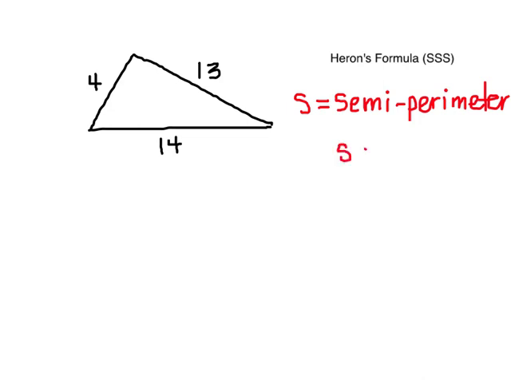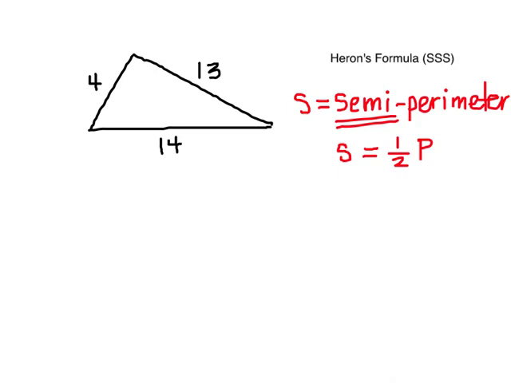And you find little s by, semi means half of, so half of the perimeter. Once you find the perimeter, just take half of that and you have the semi-perimeter. Think of semicircle. A semicircle is half of a circle, so semi-perimeter is half of a perimeter.